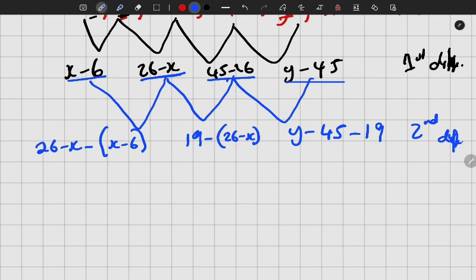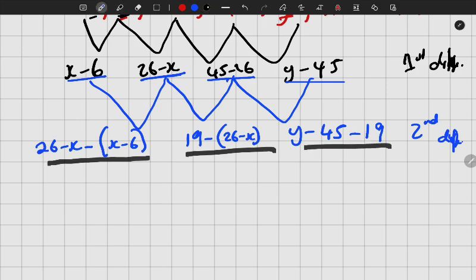Okay, and we know the second difference is going to be the same. Without even simplifying, we know that we have to equate these. They are the second differences, meaning that this will be equal to that, which will be equal to that. Why?